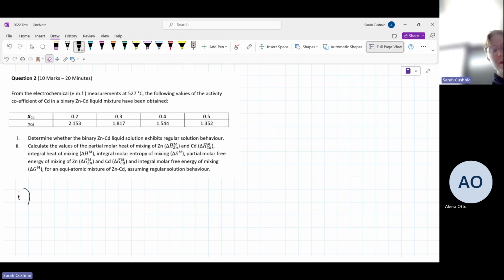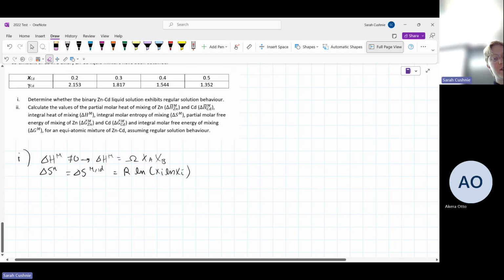So we can say for a regular solution, delta H of mixing is not equal to 0. Our delta H of mixing is going to be equal to omega XA XB. We also know that the delta S of mixing is equal to the ideal delta S of mixing, which is minus R sum of Xi ln Xi.